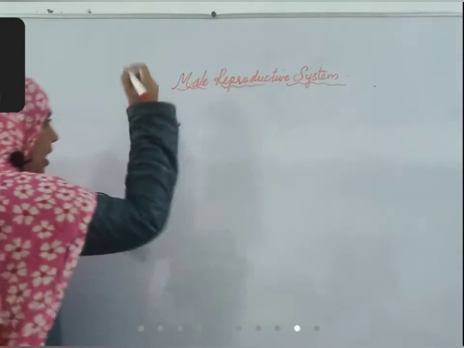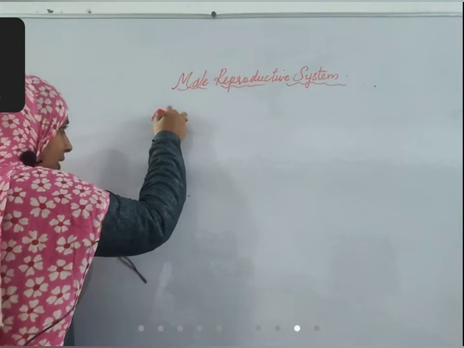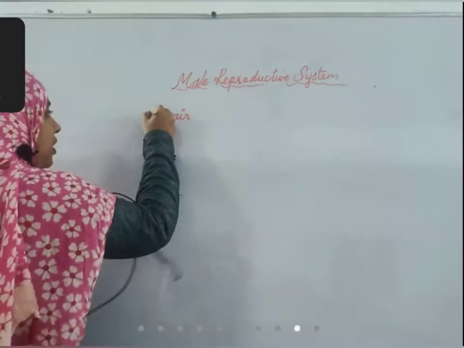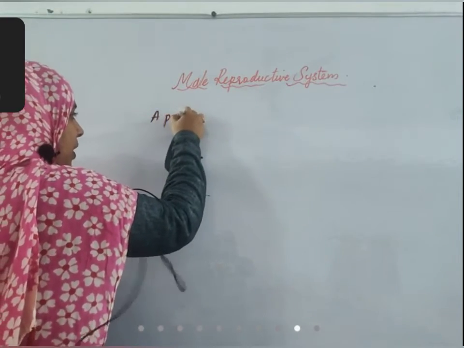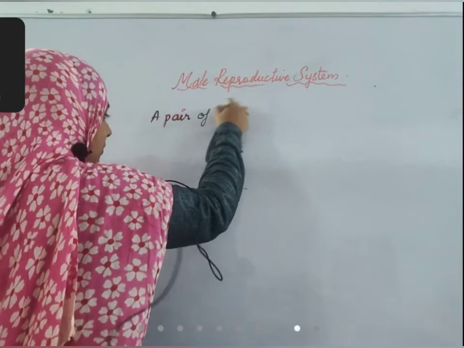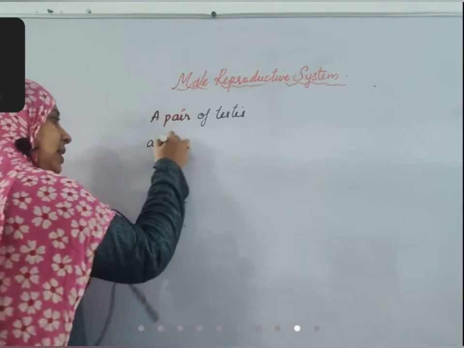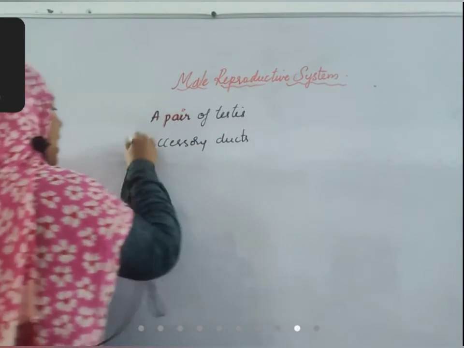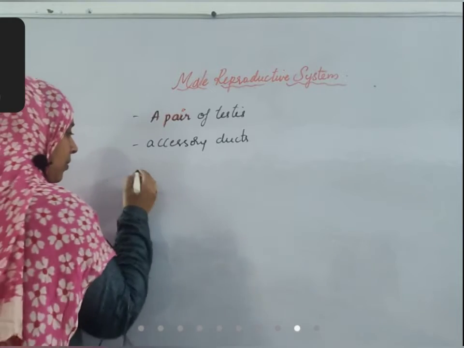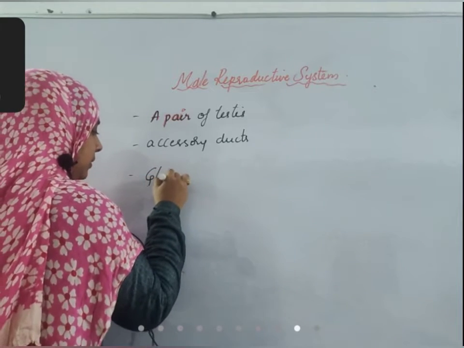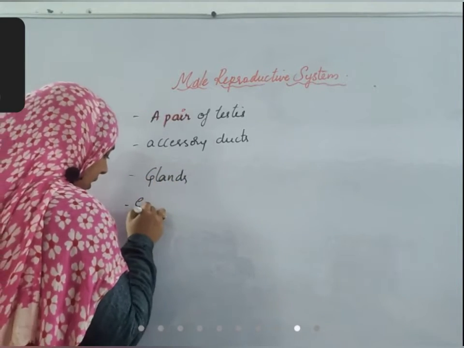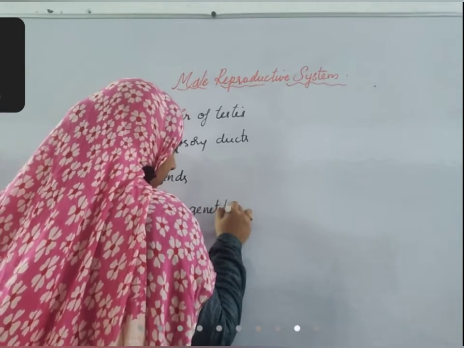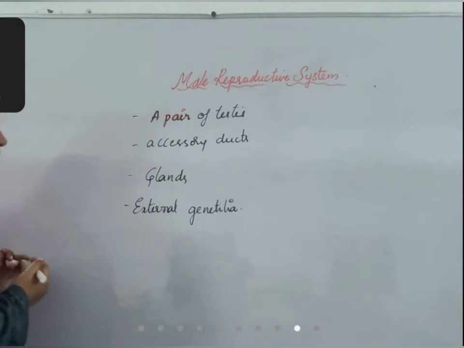The male reproductive system consists of a pair of testes, accessory ducts, glands, and external genitalia.